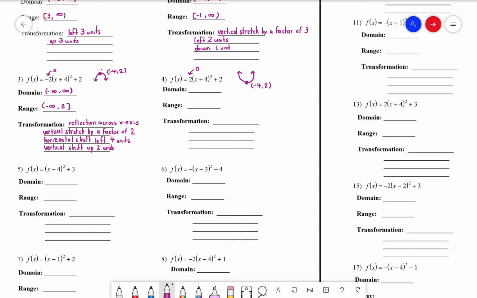So for the transformations, I see 3 different things that are changed from the parent function. First thing is that 2, which gives me a vertical stretch since it's a whole number, by a factor of 2.